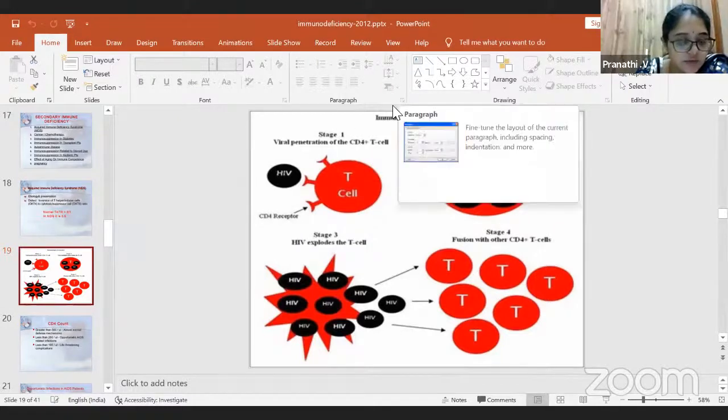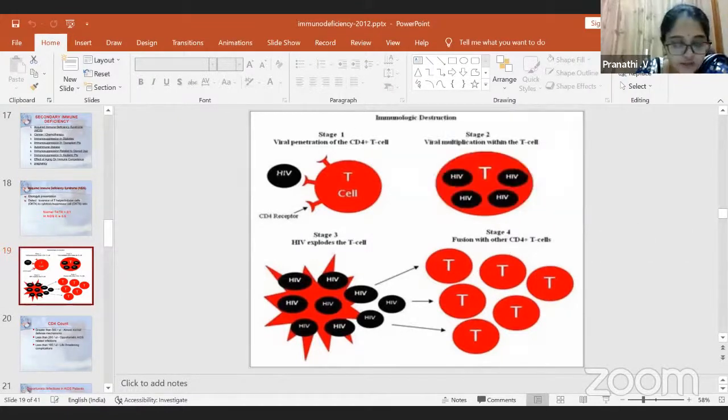This has a reverse transcriptase that allows proviral integration with the host genome within the T cells. Then HIV explodes the T cells, because of which all the T cells with the other CD4 cells and HIV virus are traveling in the T cells.